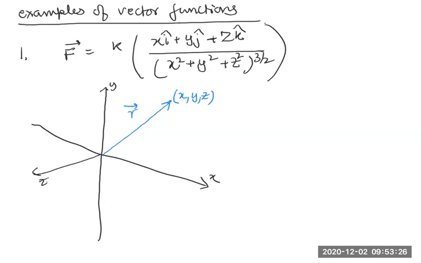Can you tell me how to write R? Anybody remember how to write R in terms of ijk? How to write R in terms of ijk? The position vector has been drawn from the origin to the point having coordinates x i cap plus y j cap plus z k cap.